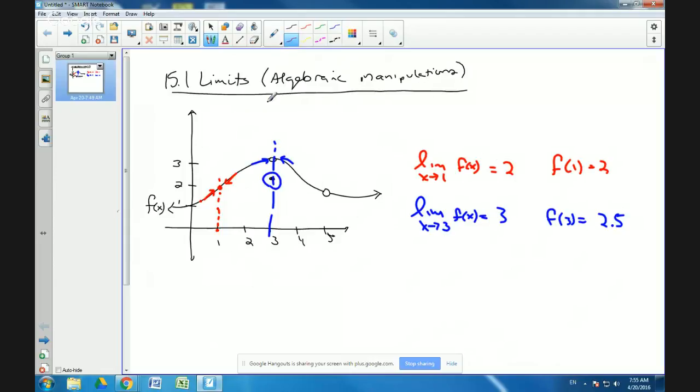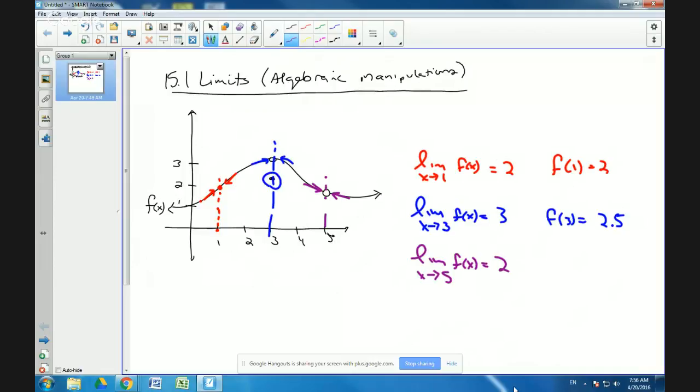And we've got one more situation that we talked about. The limit as x approaches 5. The limit can have a hole. Okay, the limit is 2, because we're just going to this point, and that y value is 2. That's where we're going. Right? So that's okay.